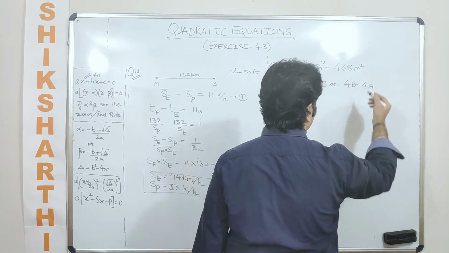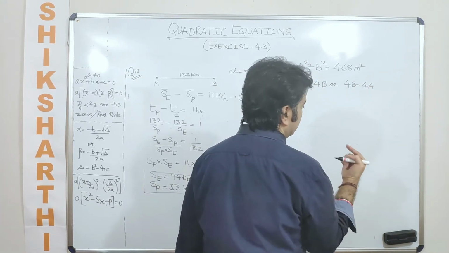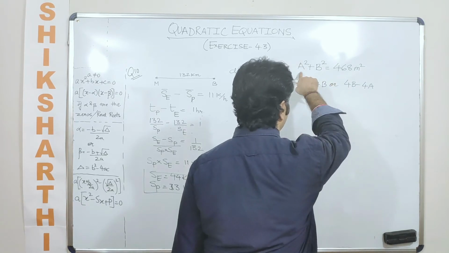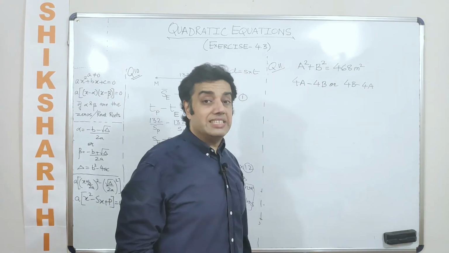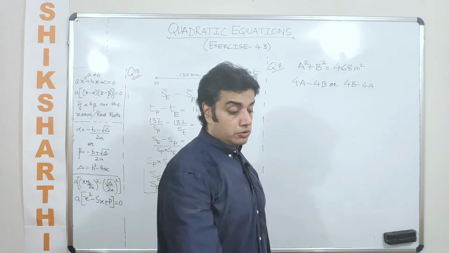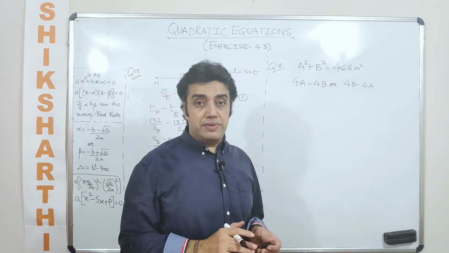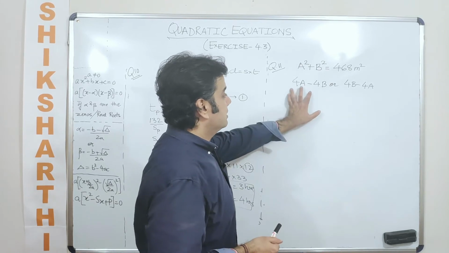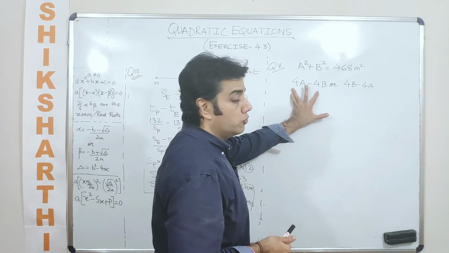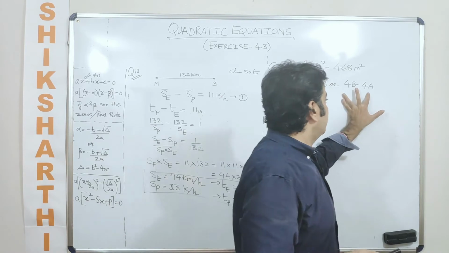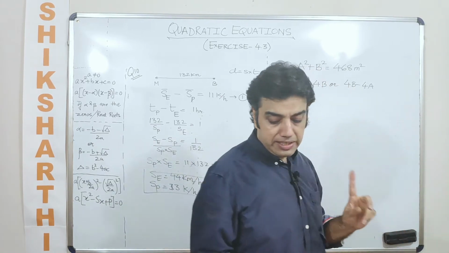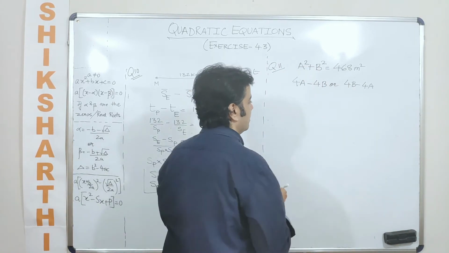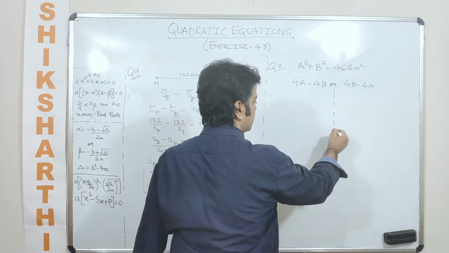It does not say to subtract the perimeter of the second from the first. Since they have not mentioned it specifically, you have to consider the difference as 4A minus 4B between their perimeters or the difference as 4B minus 4A. But at a time consider one case, or maybe you can work simultaneously on both the cases.